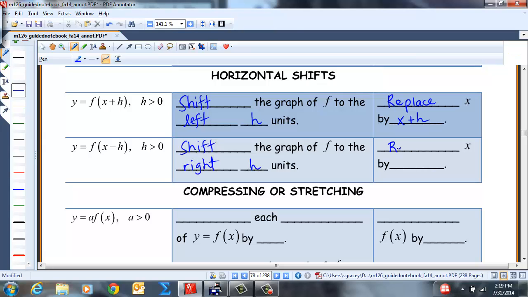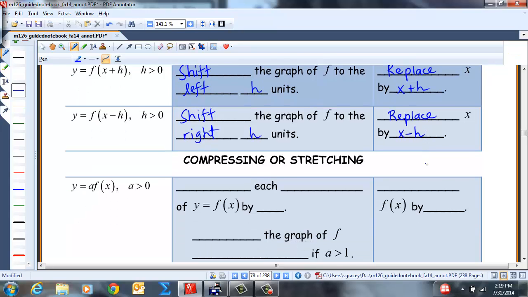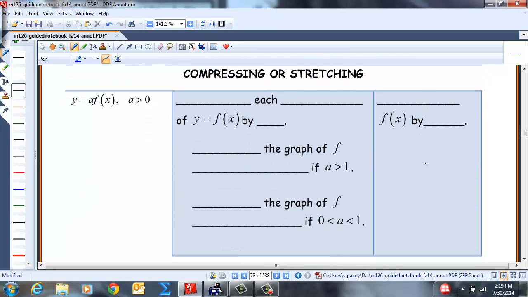And again, you'd be replacing x by x minus h. Compressing or stretching. So if you have a multiplier to the function value, you multiply each y coordinate of y equals f of x by your a.